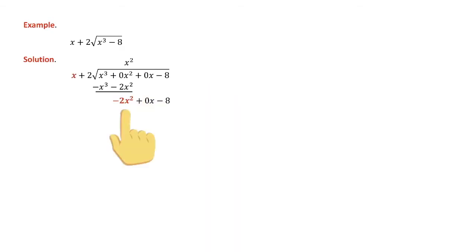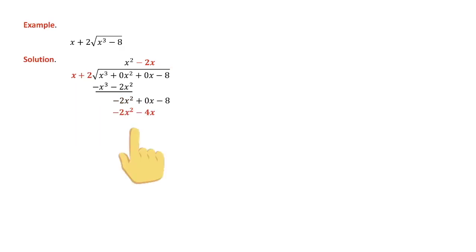Okay. So I have to knock out the minus 2x squared, and I'm using x. So what do I multiply x by in order to get minus 2x squared, right? Minus 2x. Notice how I'm lining up all the x cubed terms, all the x squared terms, all the x terms, and the constants. So minus 2x times the whole thing goes down here.